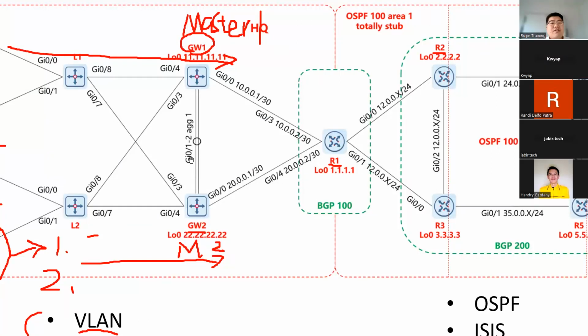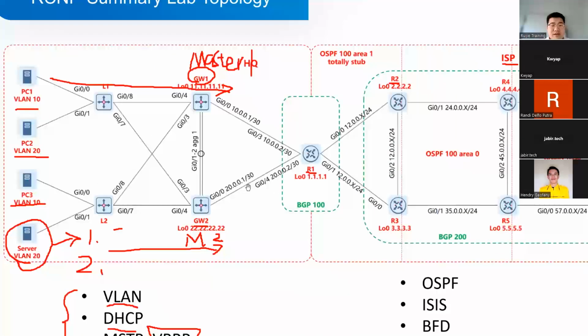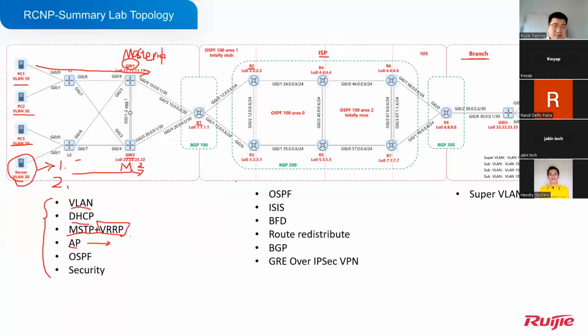AGG1 means it's an aggregate port. The ID is 1. So in this way, logically, between GW1 and GW2, there is only one link. It's a logical link, okay, one logical link. And we can improve the bandwidth. This is about the benefits of aggregate port. First is about the bandwidth.